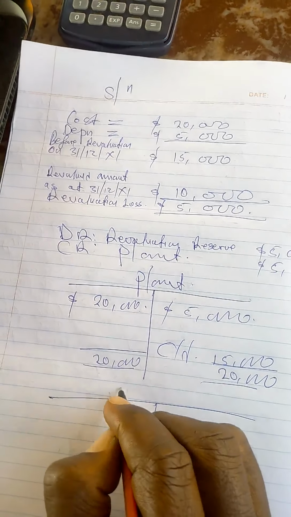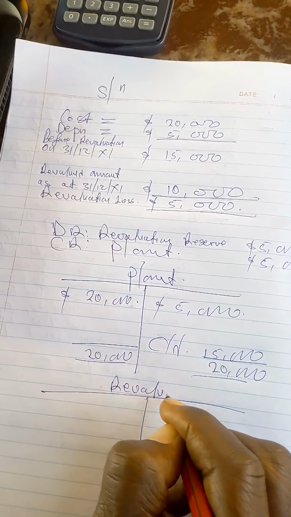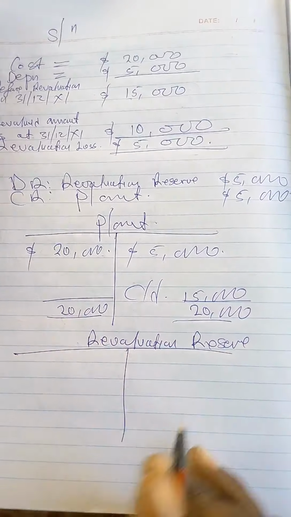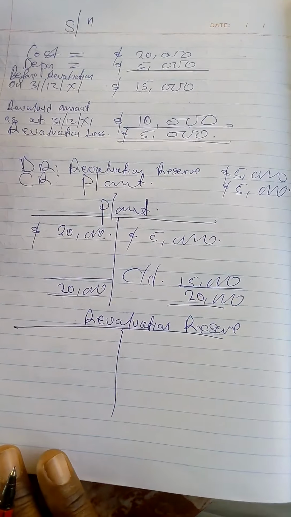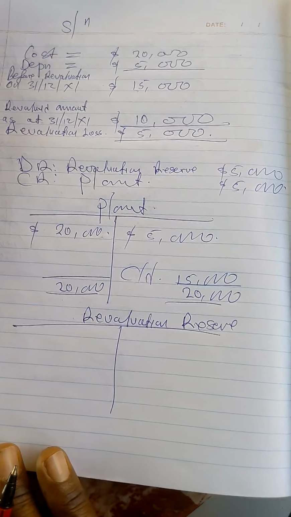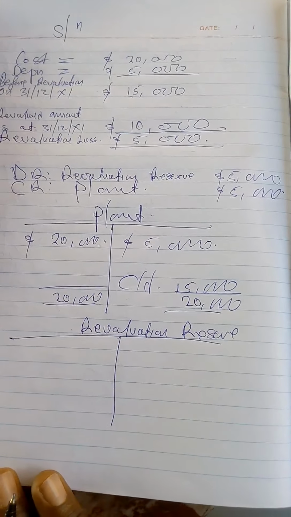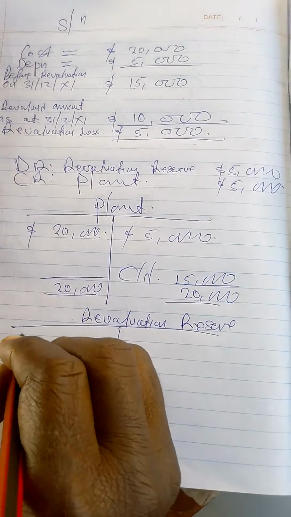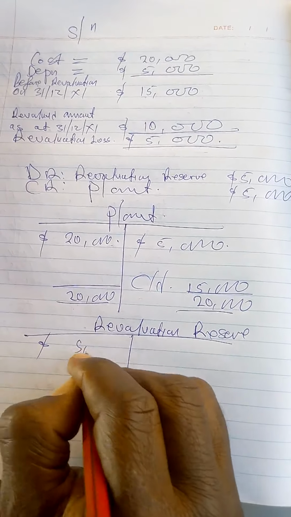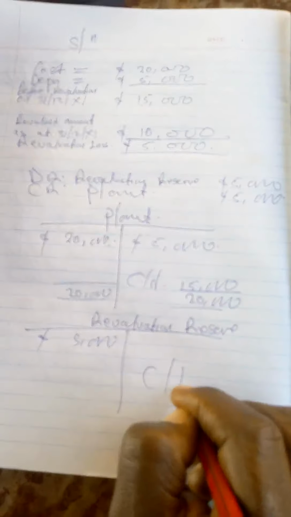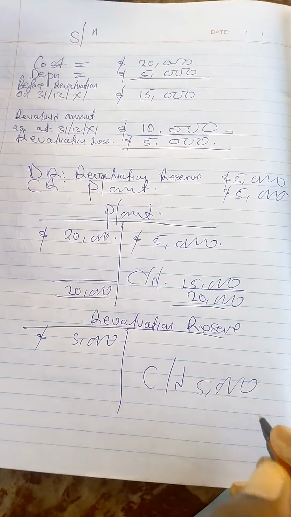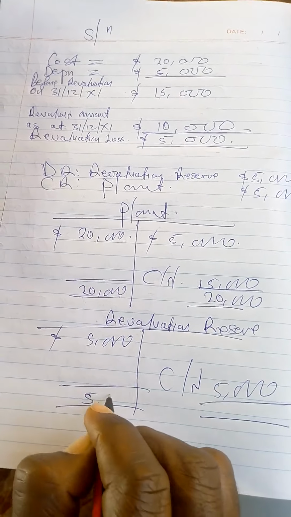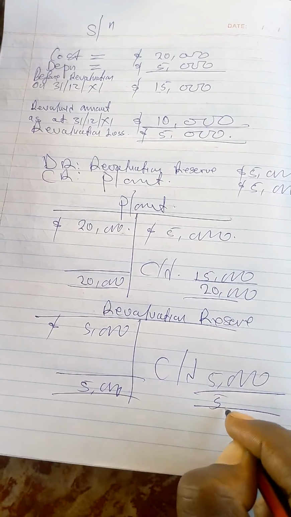Okay, so we have the revaluation reserve here. What we're doing to the revaluation reserve is debiting it by the loss of 5,000, carried down of 5,000. So every transaction should be completed using double entry.